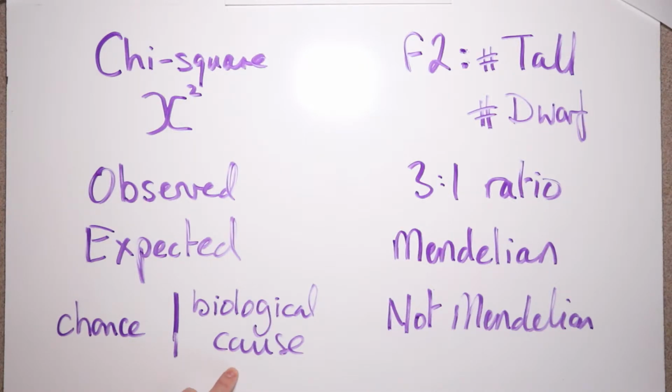So a chi-square test tells us if the difference between observed and expected values can be explained by chance alone, or if there is a biological reason for the difference.